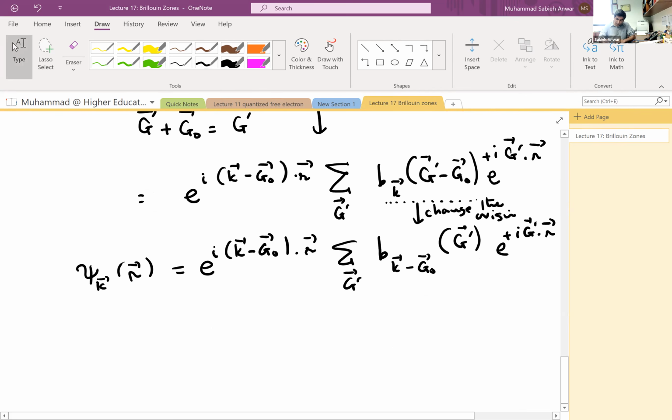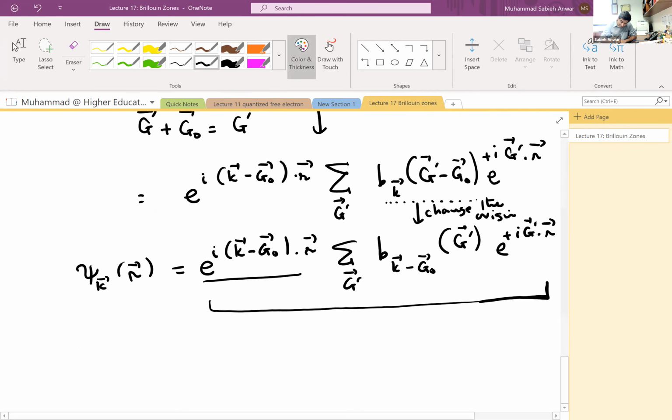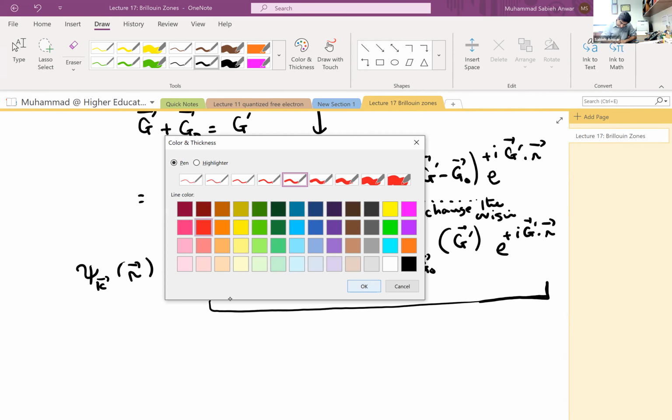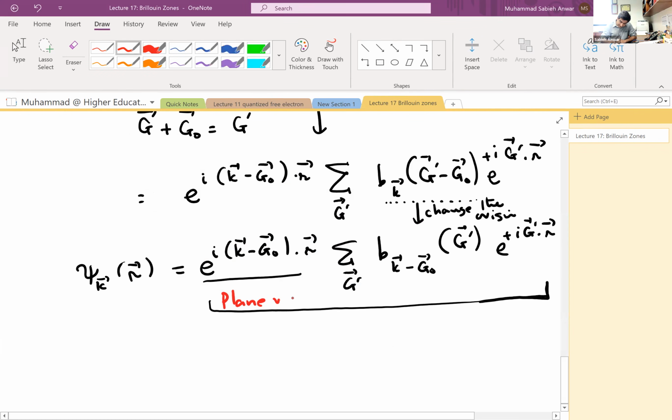Now, if you look at the Bloch form, this is a plane wave in which K is now replaced by K minus G naught. And this is simply U at, now I can always change this G prime back to G, it doesn't matter, it doesn't harm me.